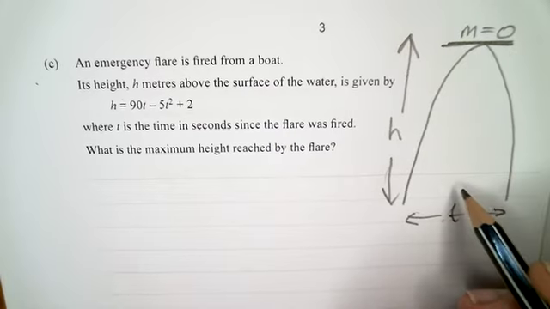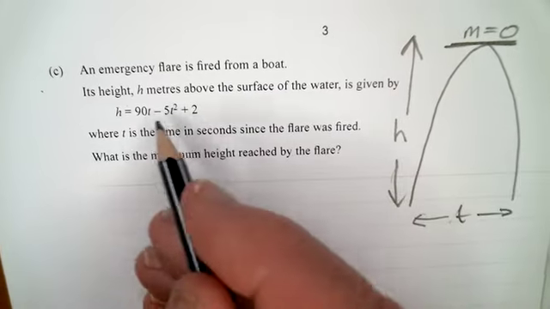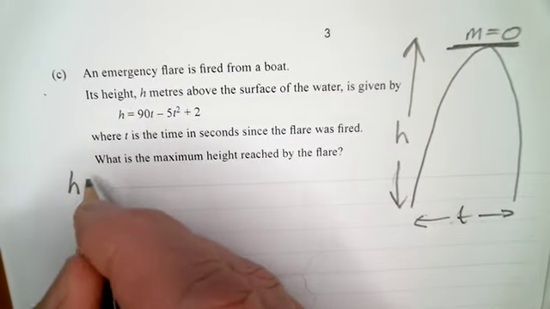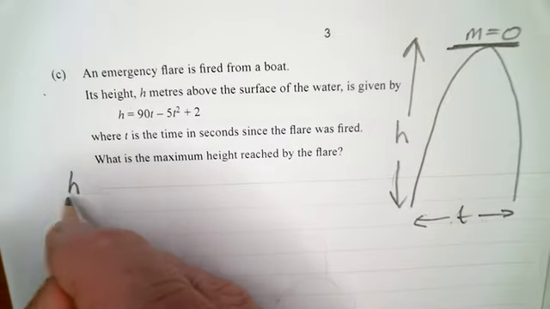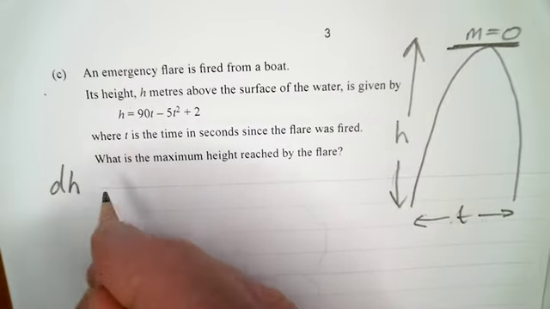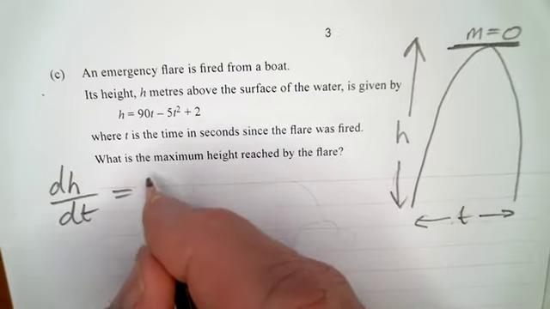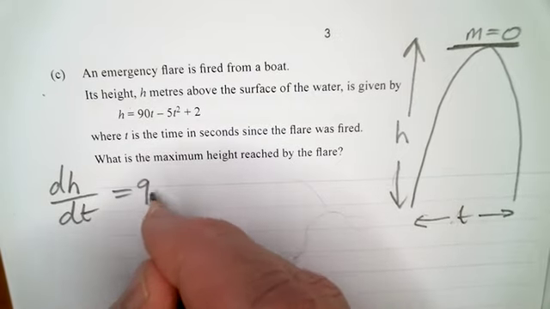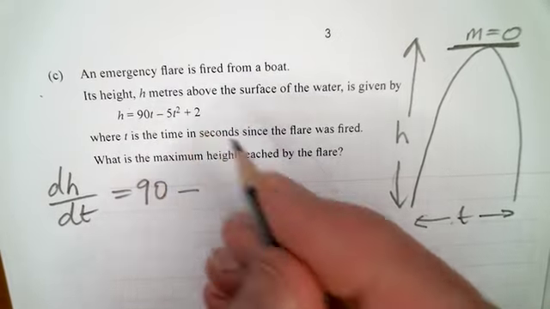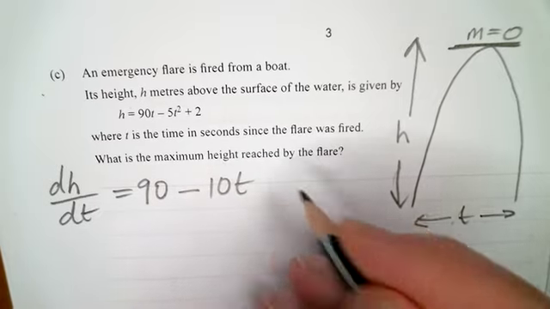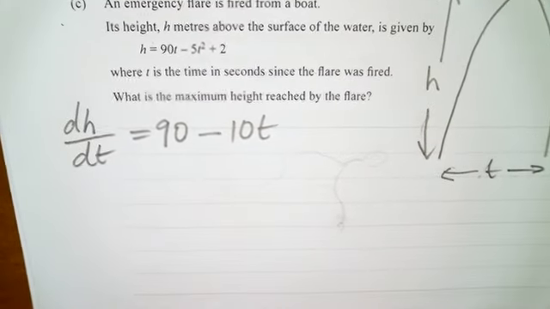So let's have a look at that now. The time it takes to get to the point when the gradient is 0. Well, here's h. I'm going to differentiate h with respect to t, and that's going to equal 90 minus 10t.